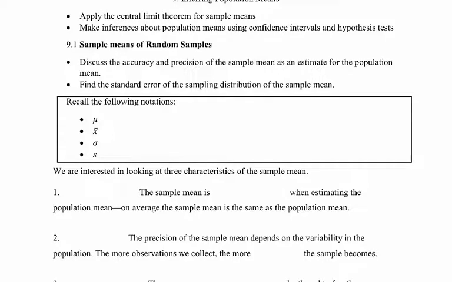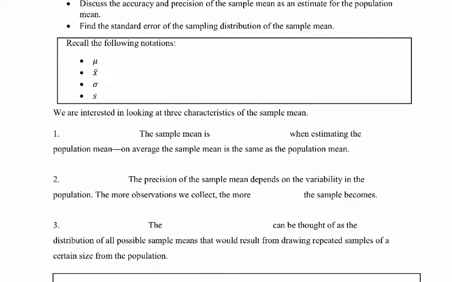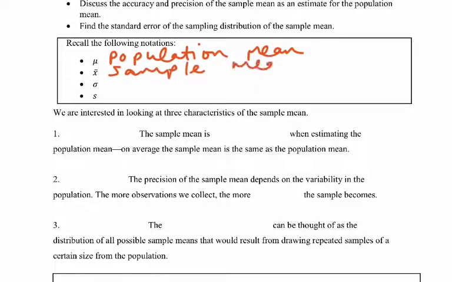So a couple of notations we learned back in chapter 7. You'll remember that the Greek letter mu stood for the population mean, the mean for the population, which we usually have to estimate based on our sample. Our sample x bar represents our sample mean. So we pull a random sample and we calculate the mean.